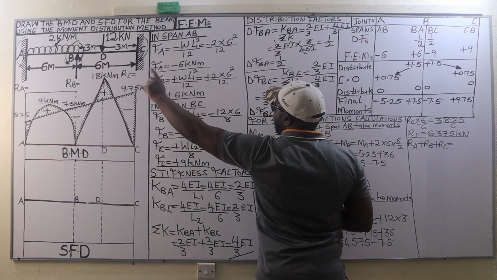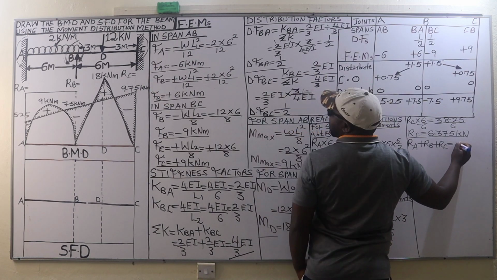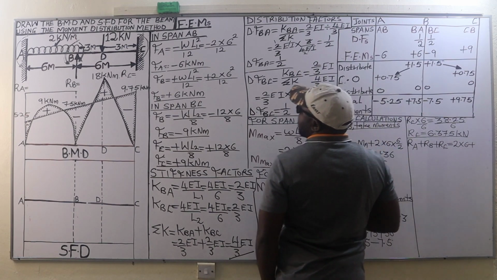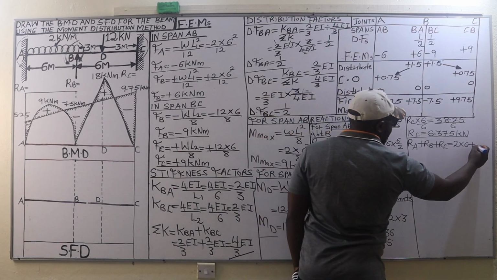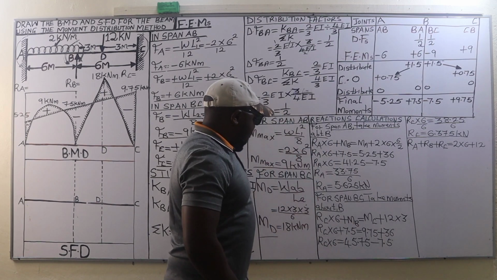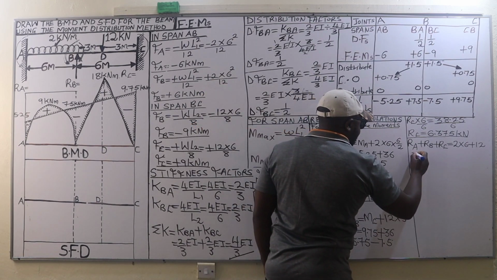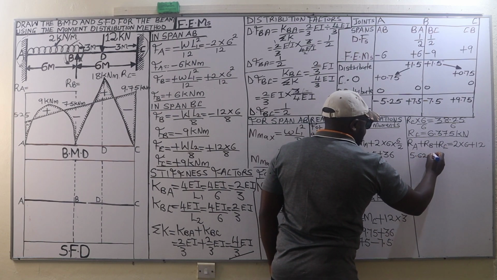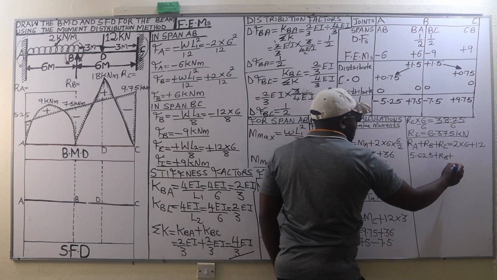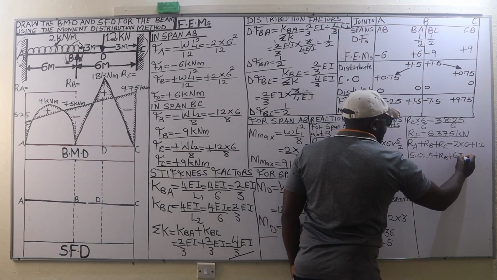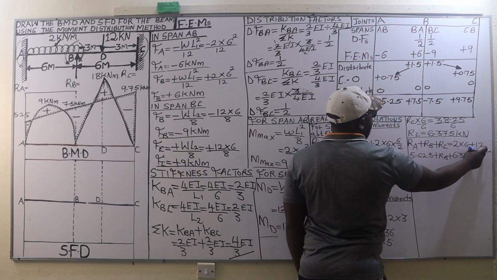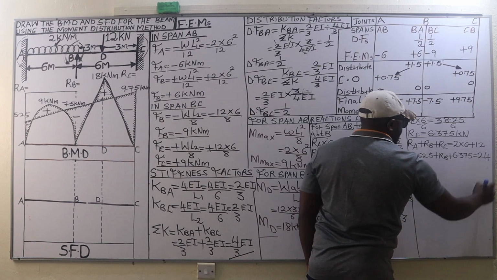We have the AB UDL of 2 times the span over which it is distributed, that is 6. So that is 2 times 6. Then we add the point load at D, which is 12 kilonewtons, so plus 12. RA is 5.625, so 5.625 plus RB plus RC, which is 6.375, is equal to 2 times 6, 12, plus 12, that is 24.